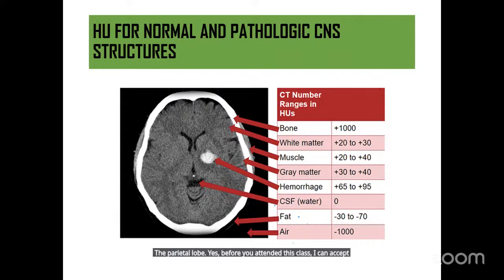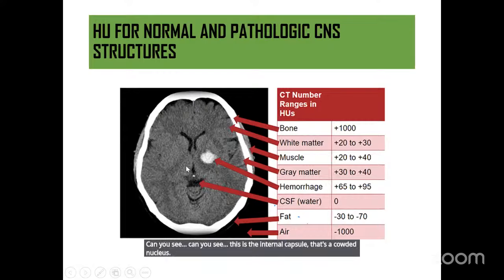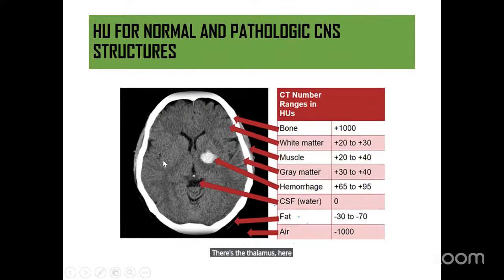But now after you've listened to the lecture on the basal ganglia level, okay, can you see, this is the internal capsule, that's the caudate nucleus, that's the thalamus, here is the internal capsule, this is the lenticular nucleus. But look, which one is involved here? Which area is involved here?